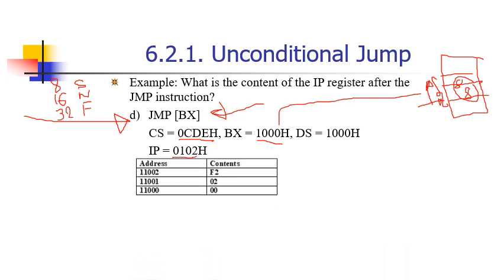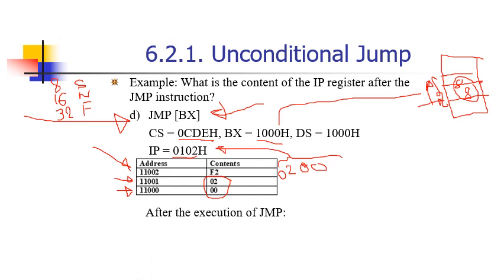Okay, so this is the current value inside your IP. Before you do the execution, you need to go to the data memory segments. This is the value pointed to by BX. You go one place up, you collect 8 bits, low in low and high in high, to get the new value to be placed in your IP.